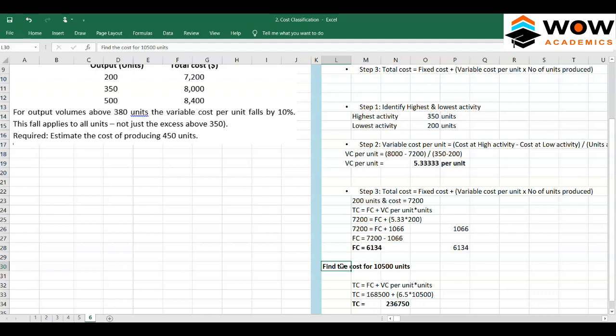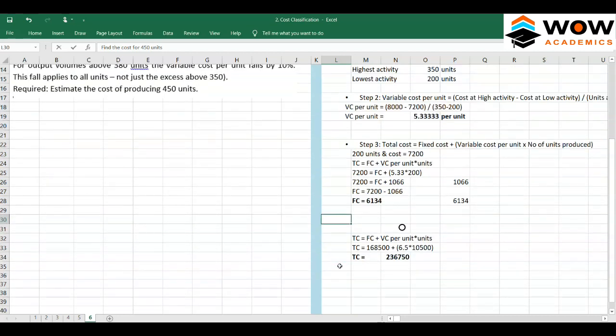So we have to find out the cost for producing 450 units. When we produce 450 units, our variable cost will fall by 10%. Our fixed cost is going to be the same. That is not the problem.